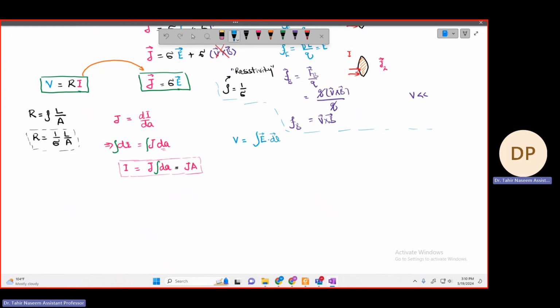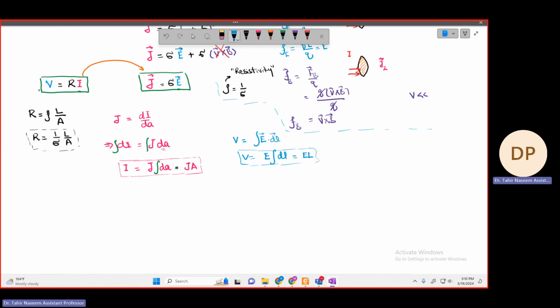If the direction of E and length are the same, and I also assume E is uniform, then integrating over the whole length gives me the length of the wire. V is equal to EL. So I have everything now.